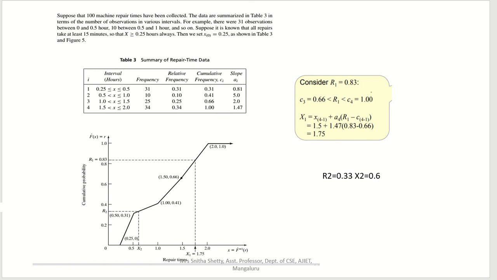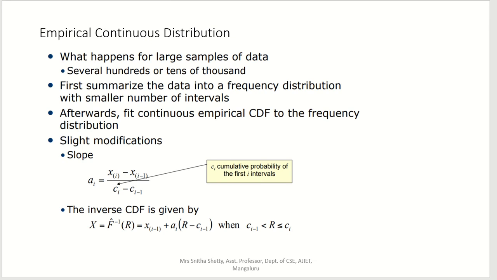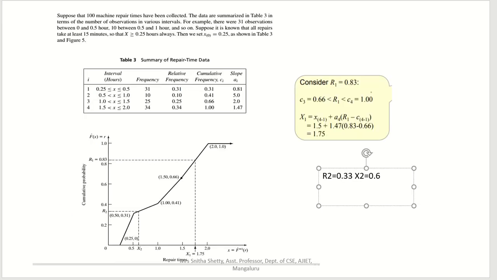So what is the formula for generating the slope? ai is equal to xi minus xi minus 1 divided by ci minus ci minus 1.